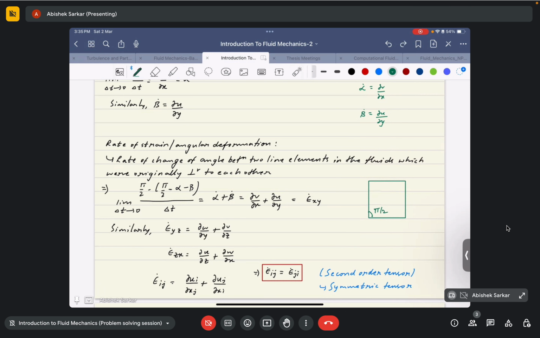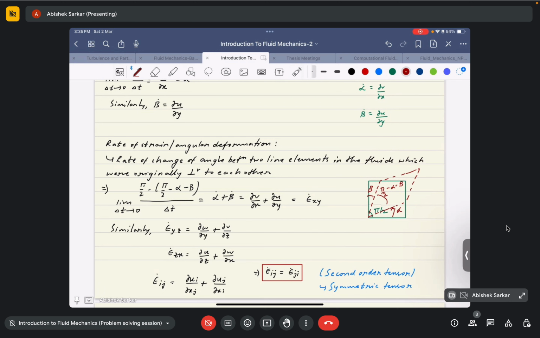let me use a different color, after deforming, the angle between the two line elements would now be pi by 2 minus alpha minus beta, right? I hope this is clear. It's pretty simple.